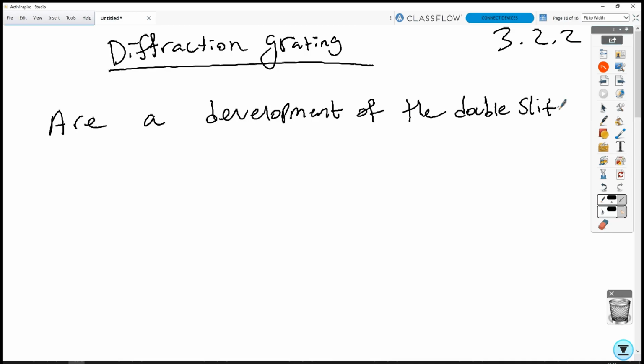The diffraction gratings will give us a larger distance between the fringes, and that's because the diffraction gratings have many more slits compared to a double slit. So they could be several hundred slits per millimeter.